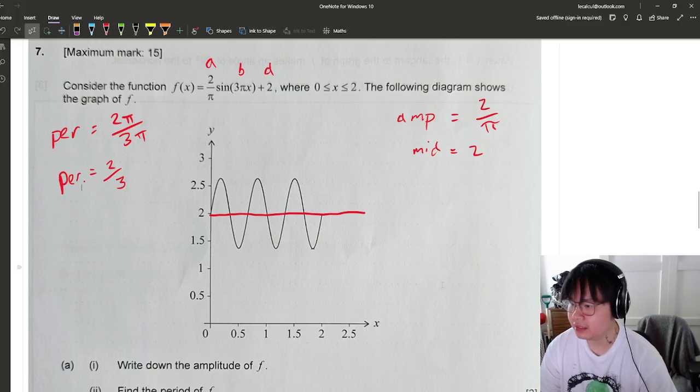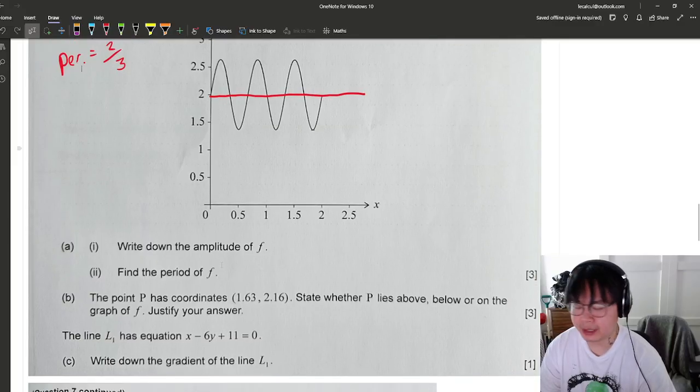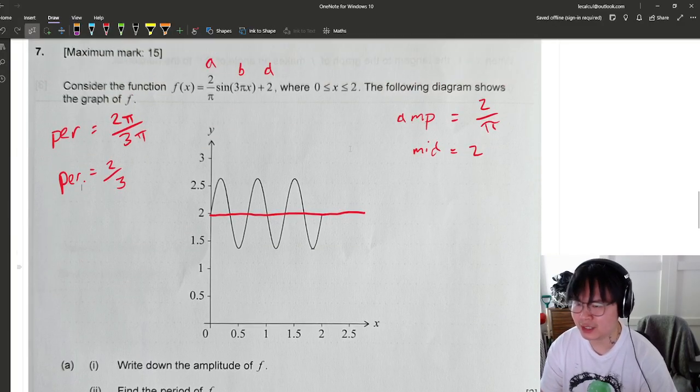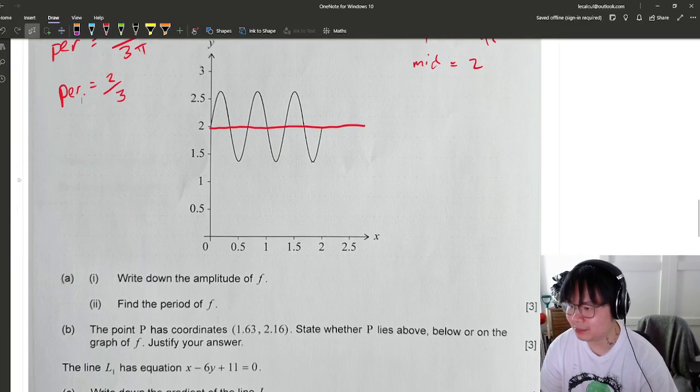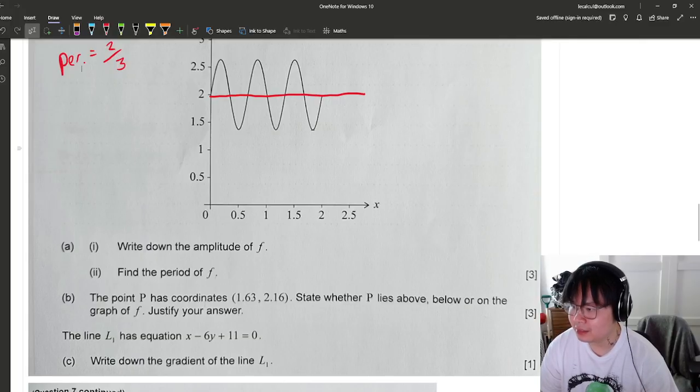Okay, I already did part A. I always do these first because you might as well just write them down. Part B: point P has these coordinates. State whether P lies above, below, or on the graph of f. Justify your answer.